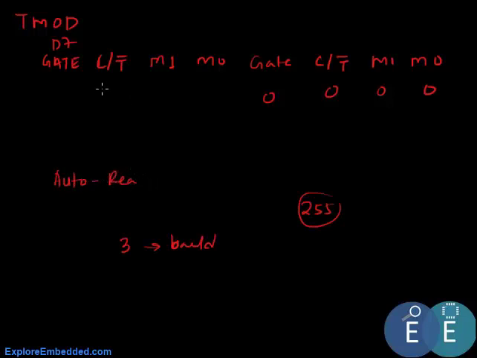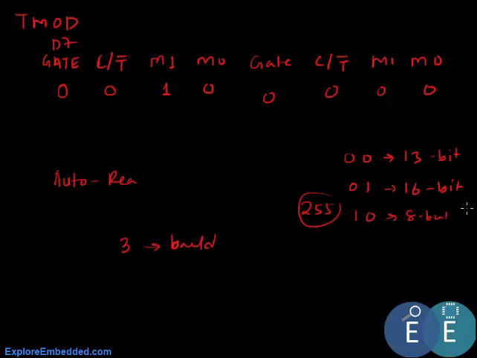Now for this the gate would be 0, since we're using a timer this would be 0, and mode 2 is the auto reload mode. Mode 0 is our 13-bit mode, if it is 01, this is 16-bit mode, and if it is 10, it is 8-bit auto reload mode.